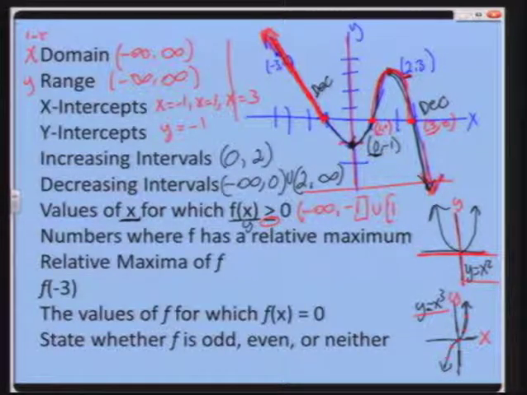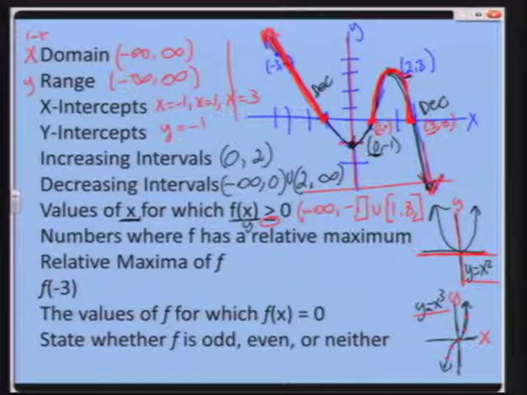All up in here, y is positive, and right here and here, it's equal to 0. So we include the 1, we include the 3, and everything in between. So we get brackets right here. Okay, you with me? F of x or y is greater than or equal to 0 when all the y's are positive, right here in the heavy red, or in the heavy red dots, it's actually equal.